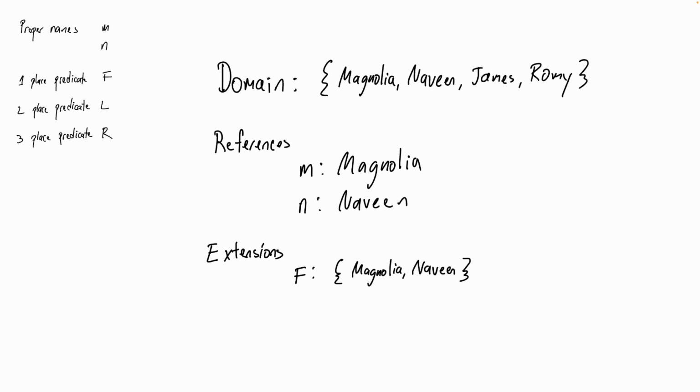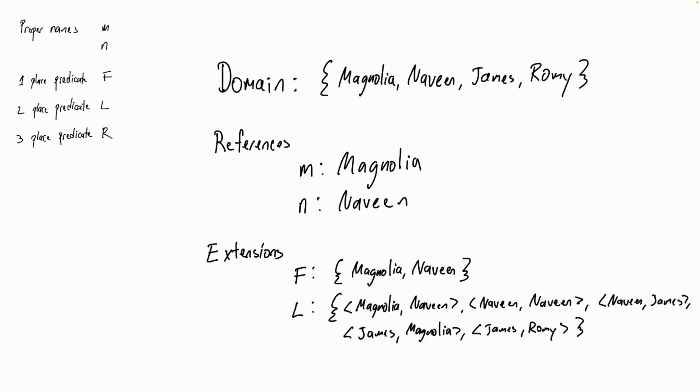For a two-place predicate, its extension will be a list of ordered pairs of objects from the domain. These should be thought of as the ordered pairs that the two-place predicate is true of. For a three-place predicate, its extension will be a list of ordered triples from the domain, the ordered triples that it applies to, and so on.